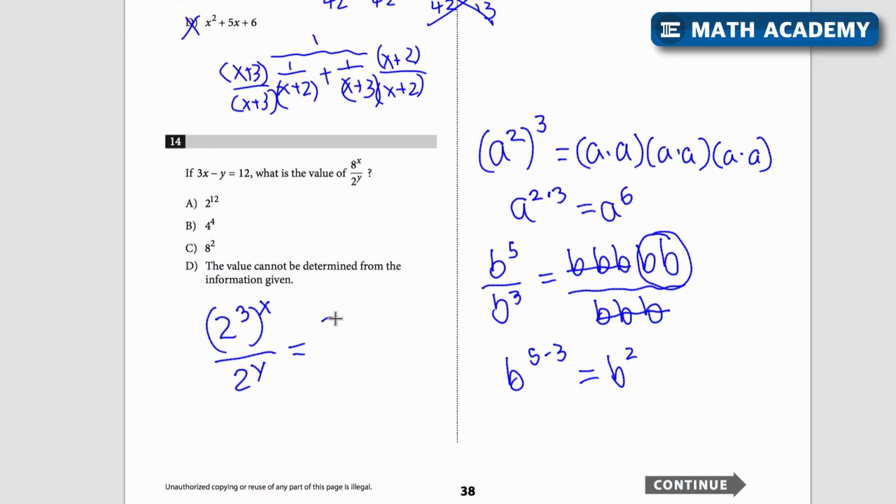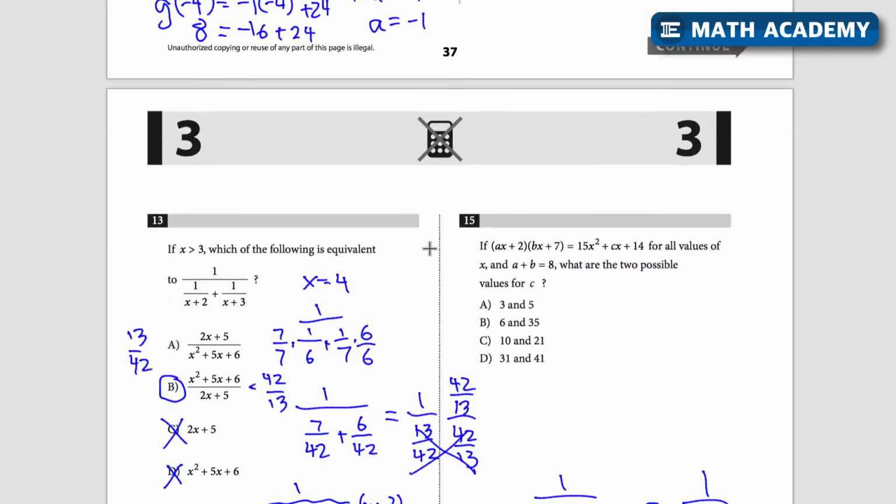So this is going to be 2 to the 3x over, in the bottom I just still have 2 to the y. Now I'm going to apply this rule where I subtract the bottom exponent from the top exponent when I have the same base. So I would get 2 to the 3x minus y. I'm doing 3x minus y. And they tell us that 3x minus y equals 12, so I can just substitute in 12 here, and I get 2 to the 12. So A is the right answer for 14.